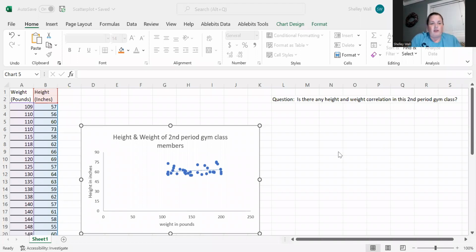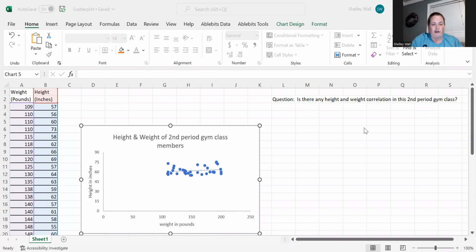So the purpose of a scatter plot is to look at where sets of data intersect and how they correlate. So the question that sparked this chart is, is there any height and weight correlation in this second period gym class?